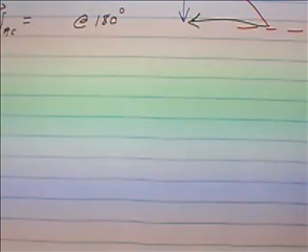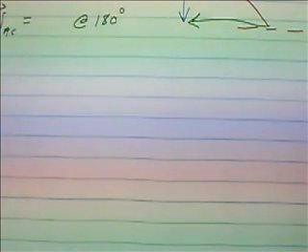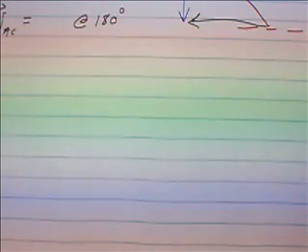Now, it's given in the problem that her velocity relative to the river can be 1.4, so we know the magnitude of that.